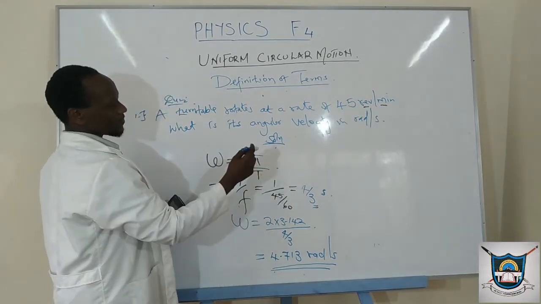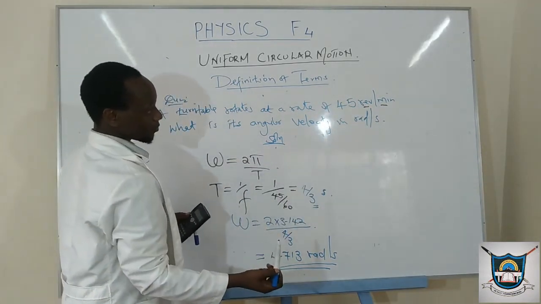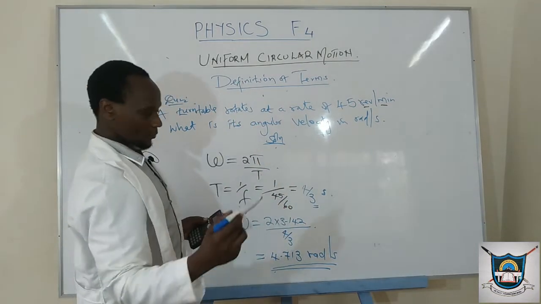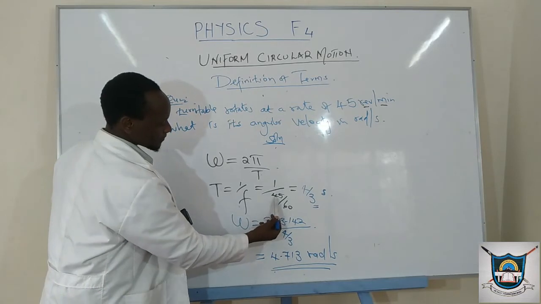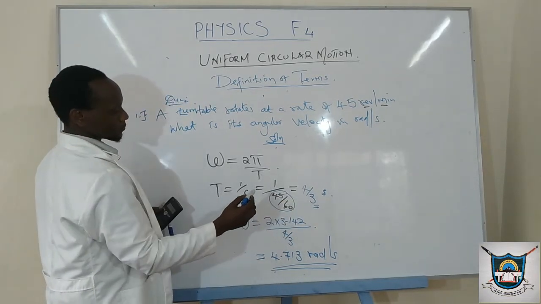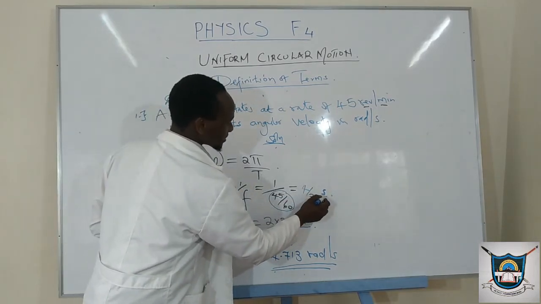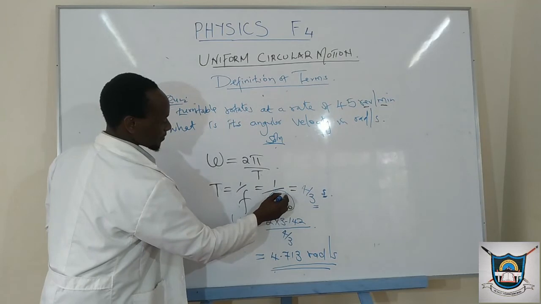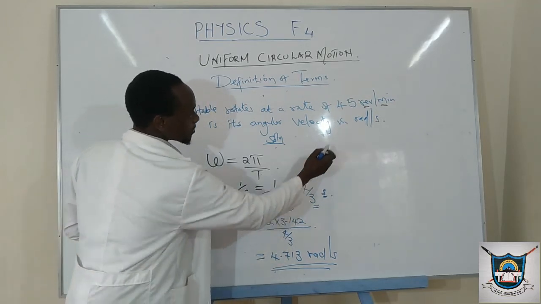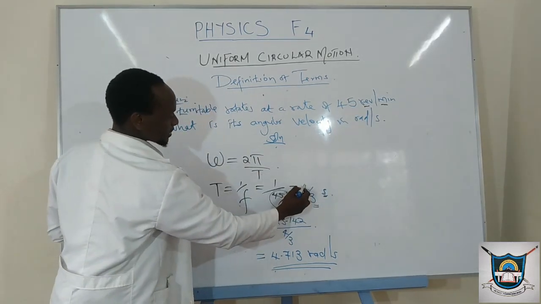You have to convert this 45 revolutions per minute to revolutions per second. That's why we have written 45 over 60 down here, so that you're able to convert to seconds. So the time should be in seconds.